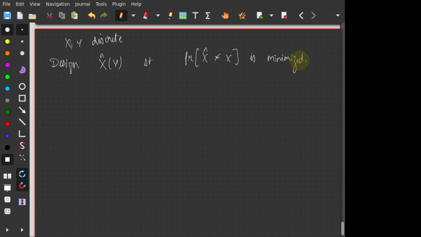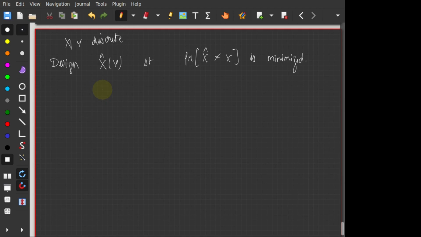For the continuous case, even the probability of error does not really make sense, right? Because the probability that x is equal to one particular value is 0. But first, let's write out this quantity.